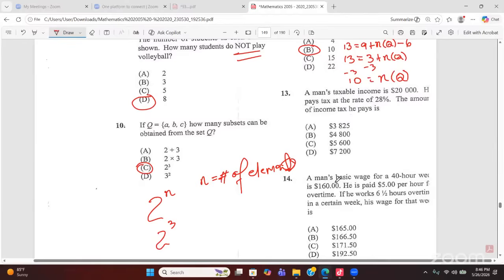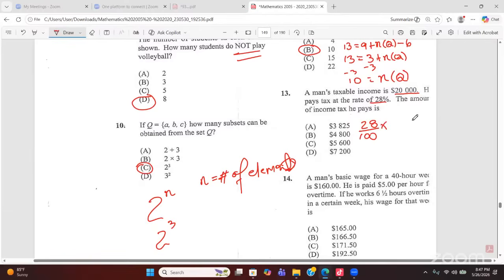Number 13 says a man's taxable income is 20,000. He pays tax at the rate of 28 percent. The amount of income tax he pays is what? The man's taxable income is 20,000, and he pays tax at a rate of 28%. The amount of income tax he's going to pay is 28 over 100 times this.